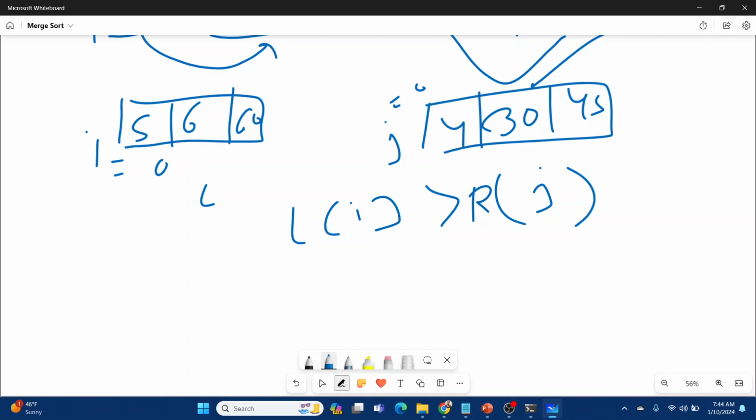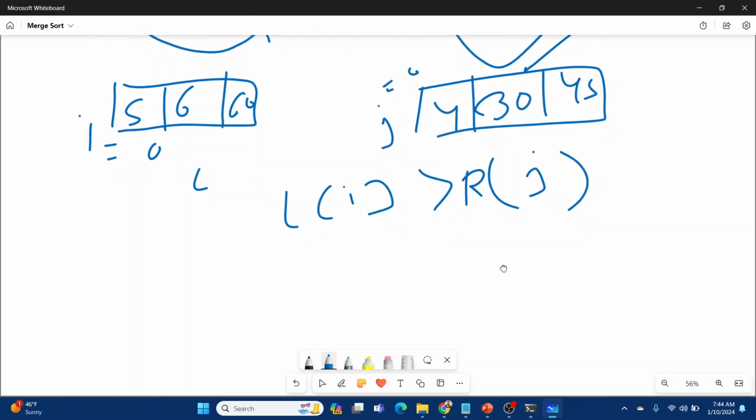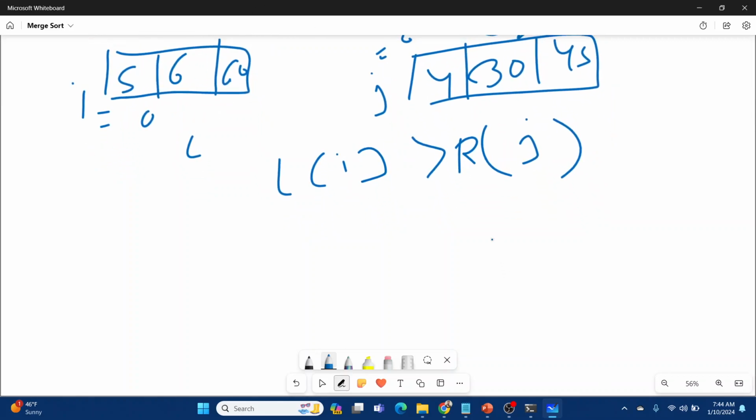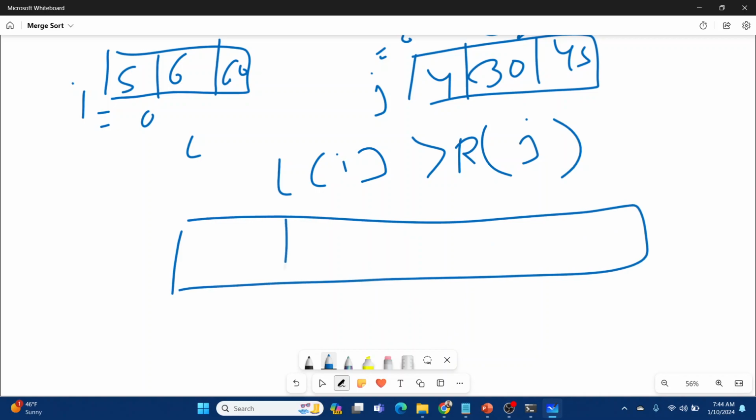So left i is greater than right j. So 5 is greater than 4, yes it is. So it will take 4 from the right part, and 4 will be placed here. When 4 comes over here, we will do j plus plus.